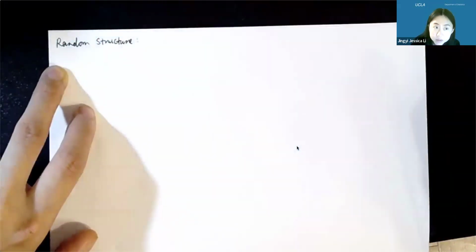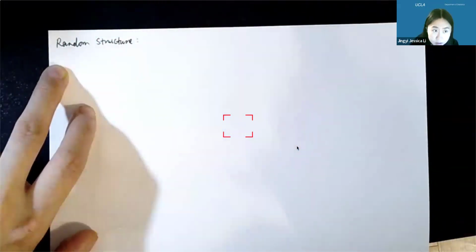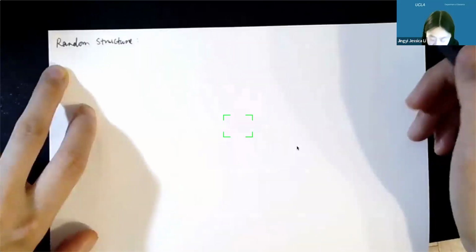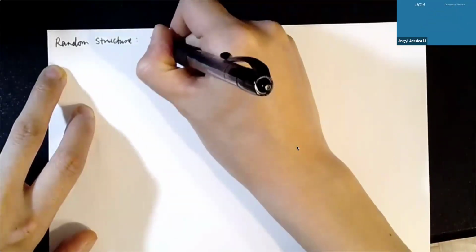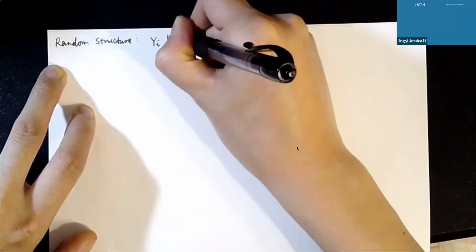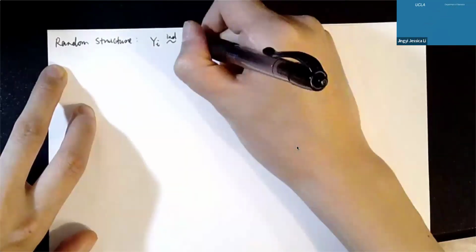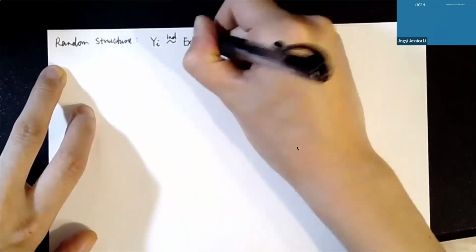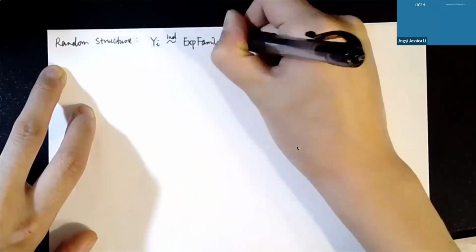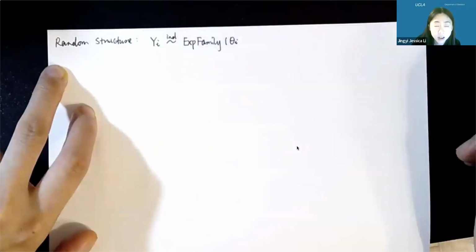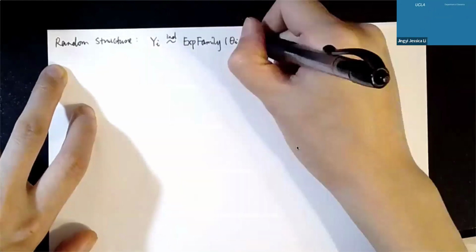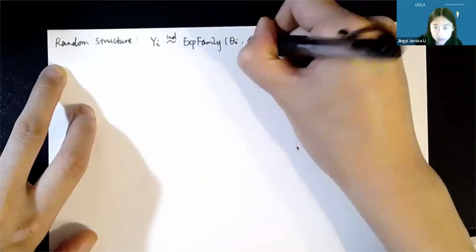We have a random structure, which is about each response yi independently following some exponential family with a location parameter specific to i, theta i, and the common scale parameter phi.